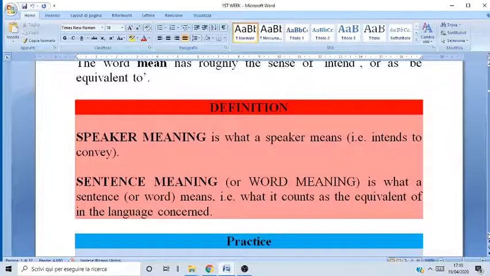Something else is the sentence meaning or the word meaning, that is what a sentence or a word actually means. Let's say it's the common meaning of a word. So every word can have at least two meanings: what the speaker means and what the common word means. Be prepared, because it's more or less always like this.